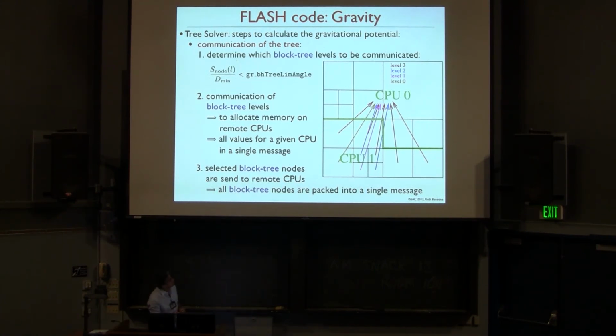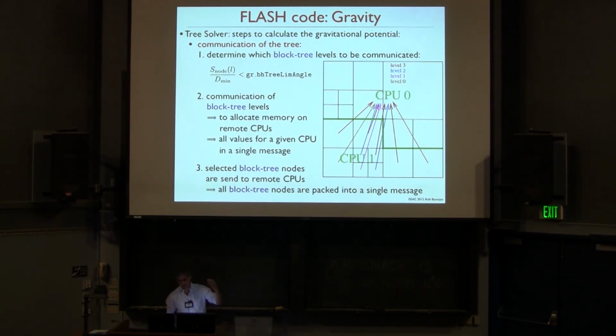Here's a picture by Richard Wunsch: if a block is fairly close to the one you are considering right now, you have to communicate all the information up to level 3, whereas if a block is far away, you only have to communicate information up to level 0. So you communicate only the necessary information, and this saves memory and also computational time.